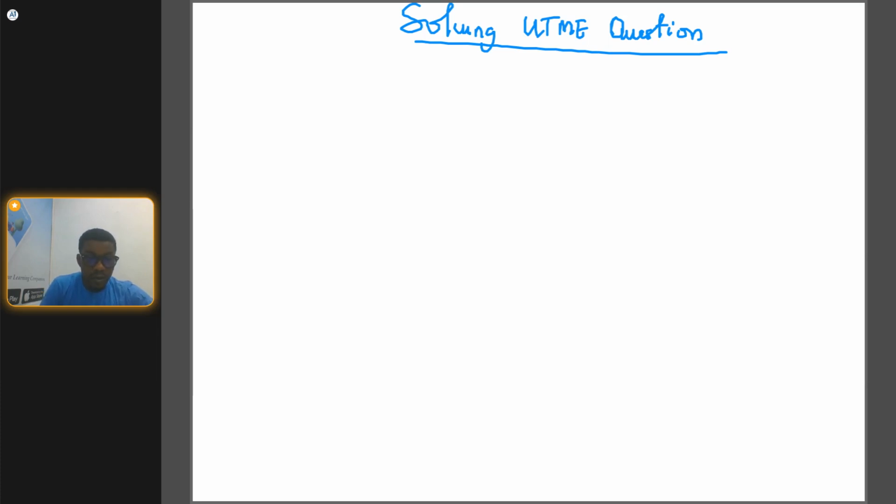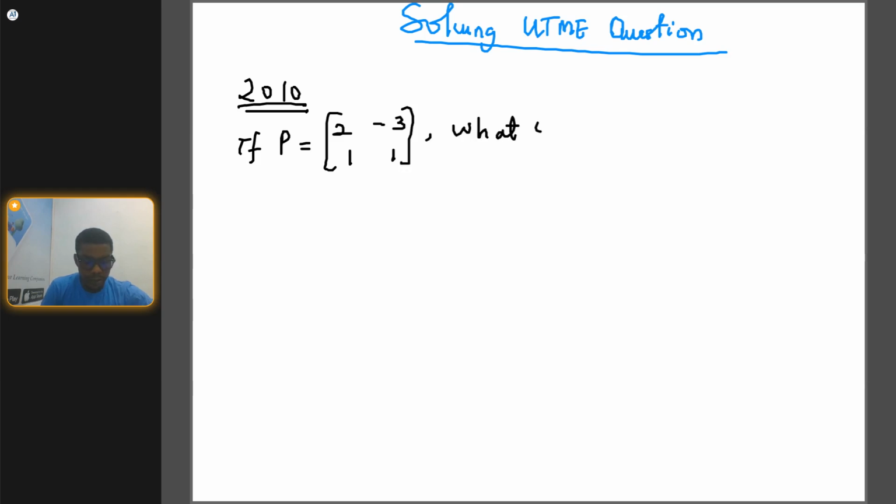We have a 2010 question that says if P is equal to the matrix (2, -3; 1, 1), what is P raised to power minus 1? P raised to power minus 1 means what is the inverse of the matrix?